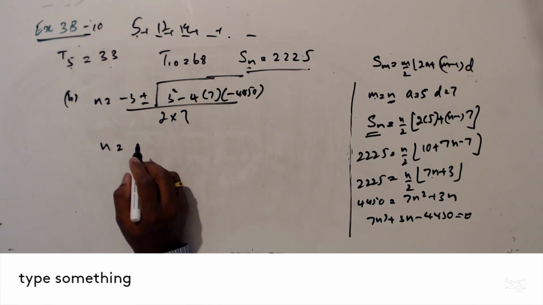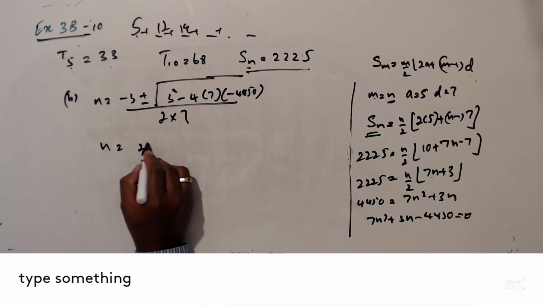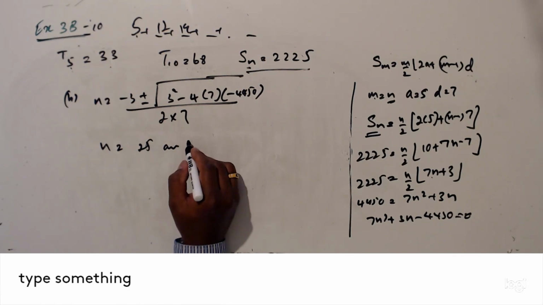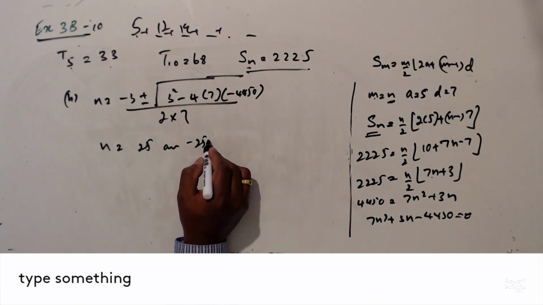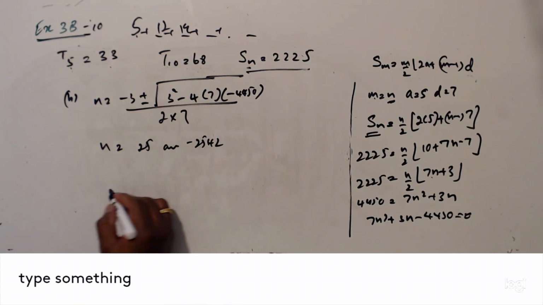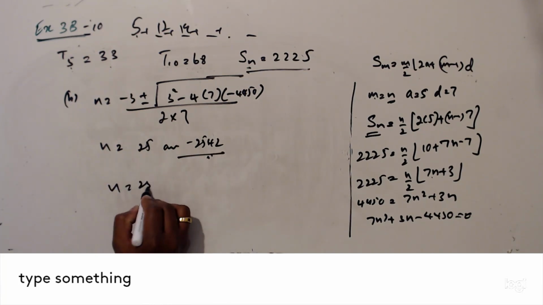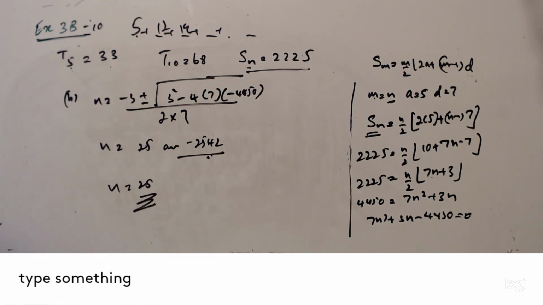So from the calculator we will get the answer 25 or minus 25.42. So n can't be a negative number, so n equals 25.